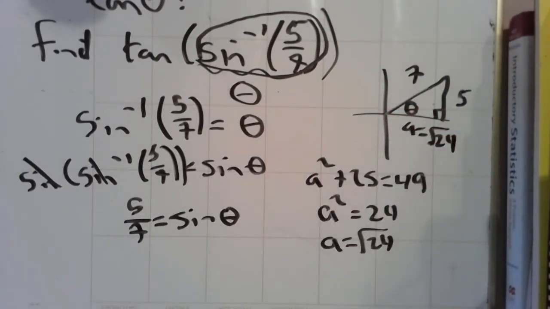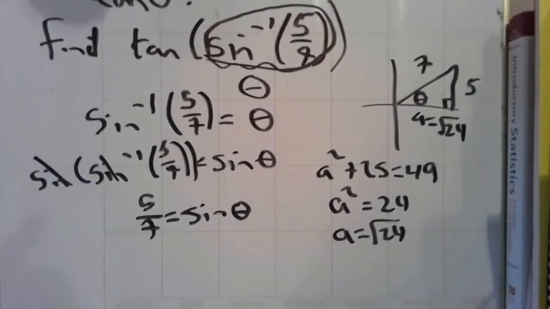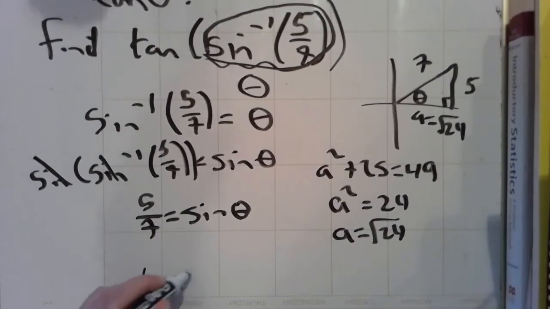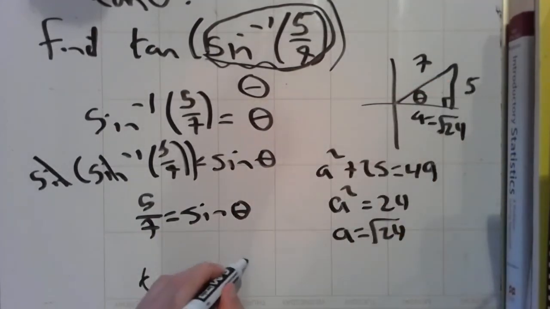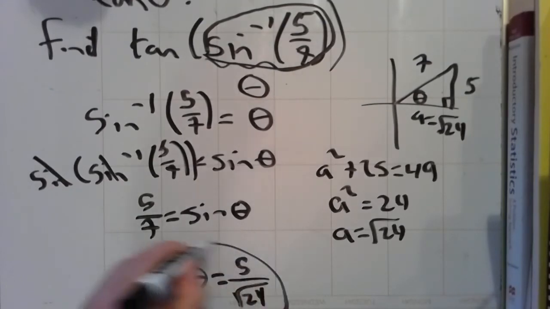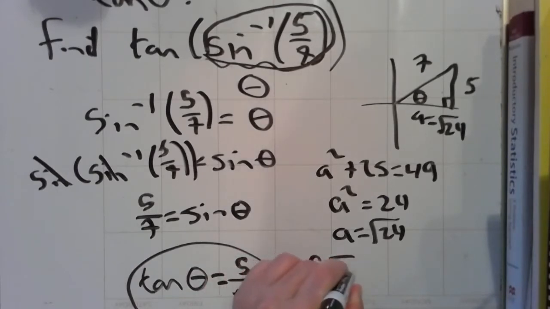And we're asking for, what was the question? Tangent of theta. So tangent of theta will be, just use our triangle, opposite over adjacent. And we could stop there, or if we wanted to, we could rationalize that denominator.